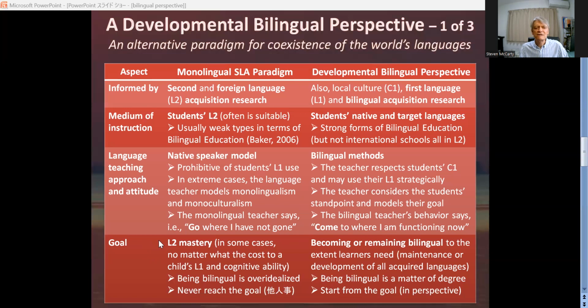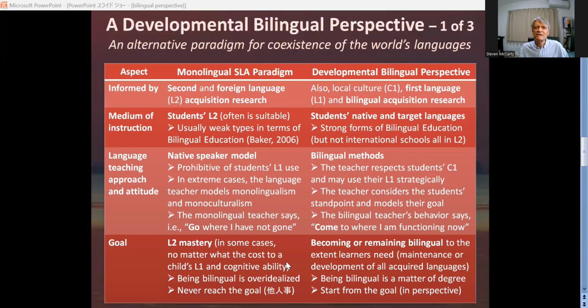So if it's just L2 mastery, in some cases, no matter what the cost to a child's native language and cognitive ability, especially in the case of immigrant children, think of the Ukrainian children coming here, as a poignant case, coming to Japan, and their native language is not useful, not valued here.